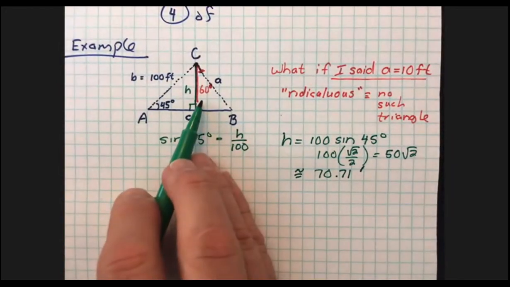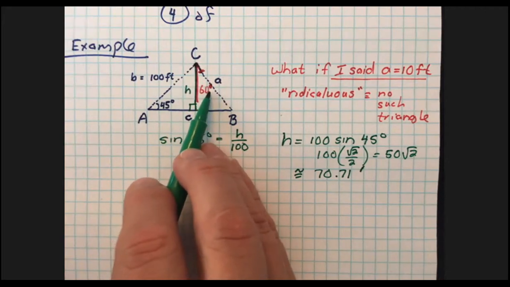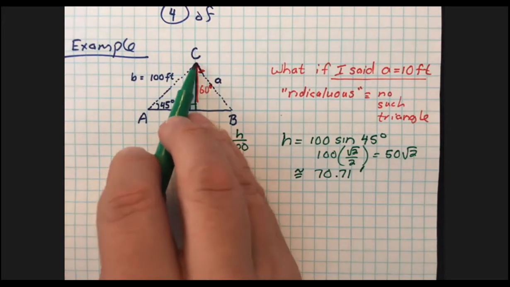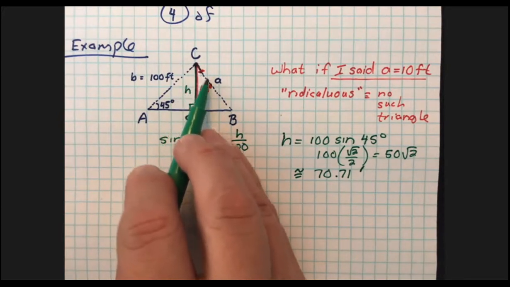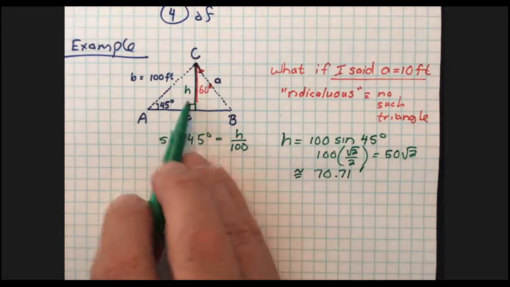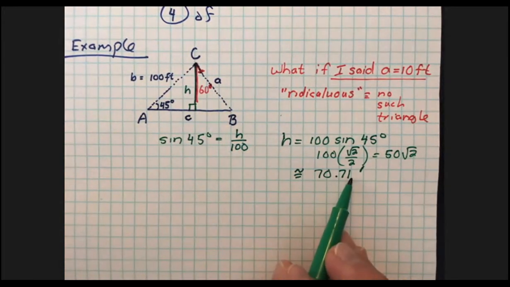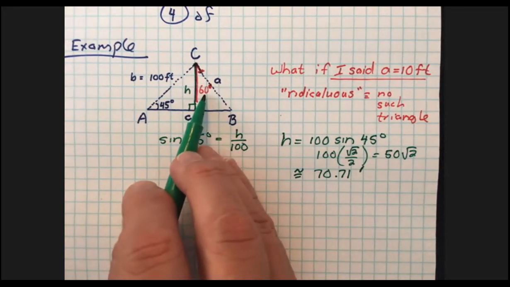So how about side A being 60 feet long? Again, you say ridiculous because any rope I pull from C to B has to be at least 70.71 feet, a little bit less than 71 feet. 60 feet is too short.